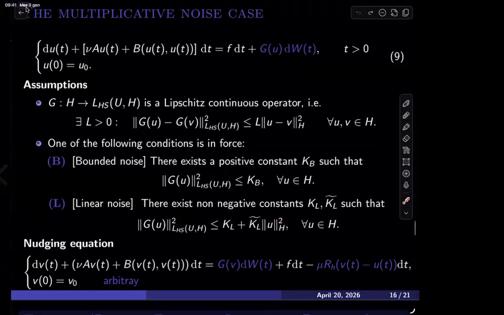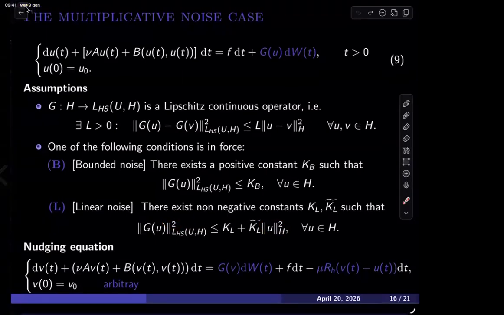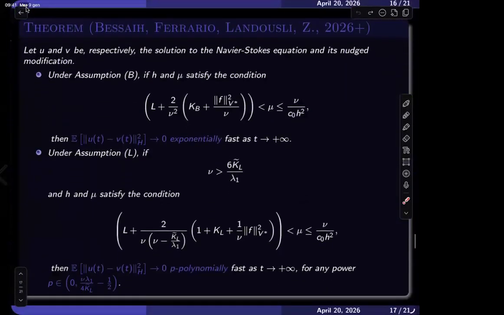So we have different results according to the kind of assumption we consider on the noise, but also in this case, the idea is to try to understand how good is the approximation of the solution U in terms of this nudging equation V. So also in this case, we introduce the same modification. We perturb the equation by the same control somehow. And this is what we proved.